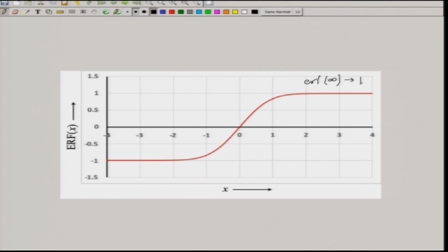But if you closely look at the plot, it flattens out, or levels off approximately to 1, even at x equal to 2.